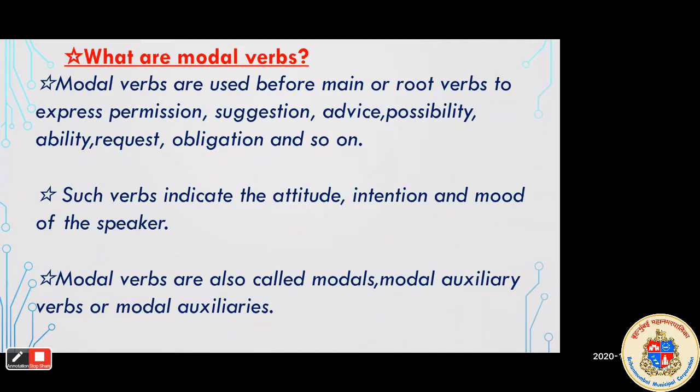Such verbs indicate the attitude, intention, and mood of the speaker. So what function in the sentence are modal verbs doing? They indicate the attitude, intention, and mood of the speaker.